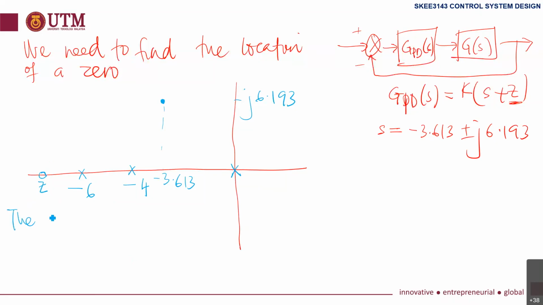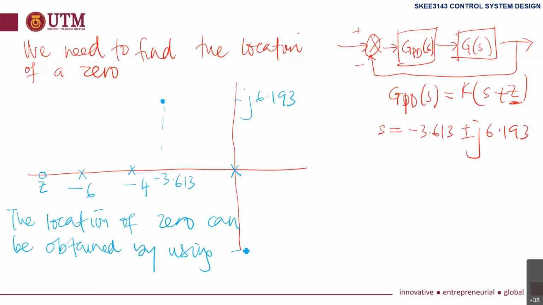The location of the zero can be obtained by using the property of root locus.